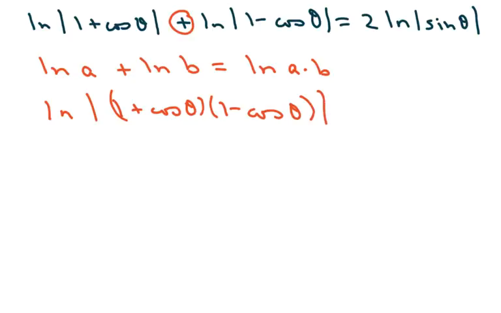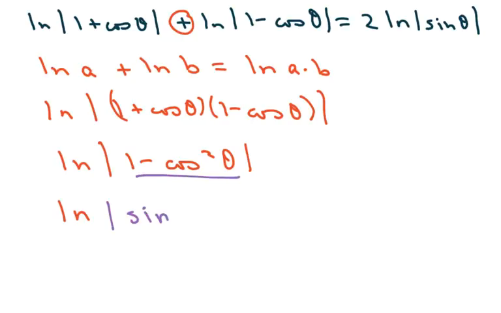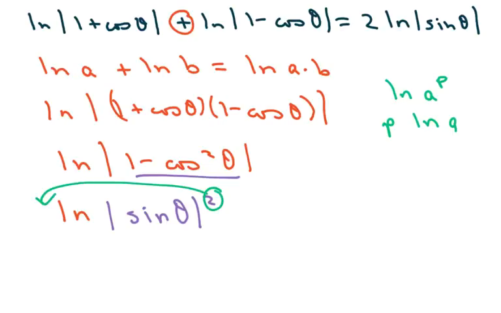And that gives me ln of 1 minus cosine squared of theta, which is ln, you know the identities, that's sine squared, sine of theta squared. And I'm going to use my power property. Remember, ln of a to the power p is the same as p times ln of a. So I'm moving this 2 in front, and I get 2 times ln of sine of theta.